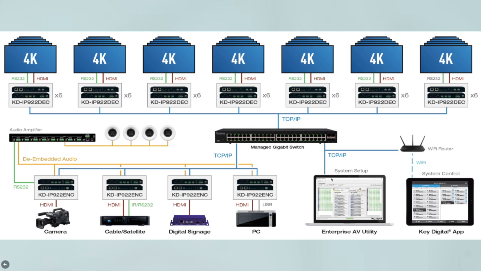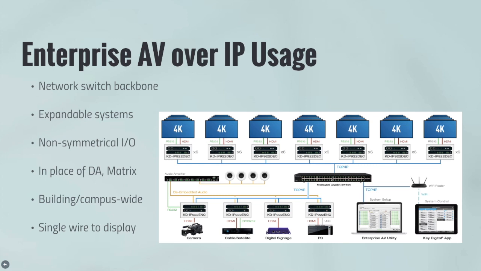So 4 by 42. Whereas in the days of traditional HDMI matrix switching, you would have to buy a fixed chassis. With video over IP, you just pick up one encoder per video source and one decoder per video display. And should you need to add additional sources or displays in the future, you're just picking up, once again, an encoder per source and a decoder per display.